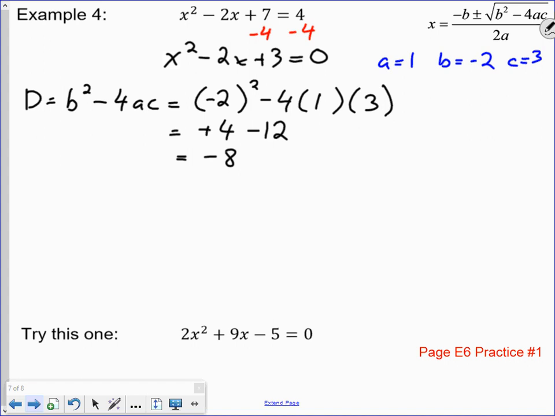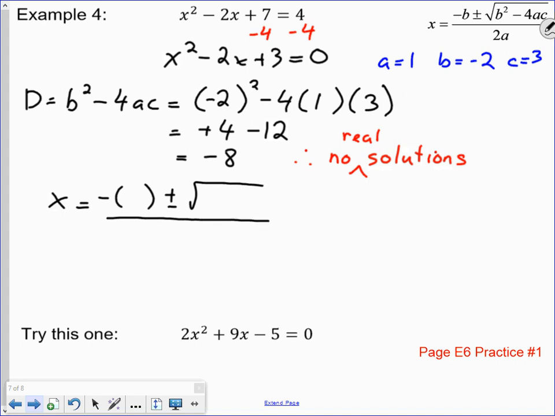This is negative 8. So immediately, we know that we have no solutions. Okay, and if I'm being mathematically correct, no real solutions. Again, for this reason, that if we put this into our quadratic formula, we have negative b plus or minus the root of d all over 2a.